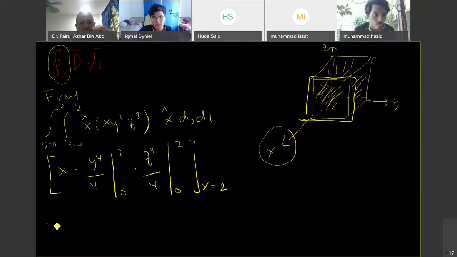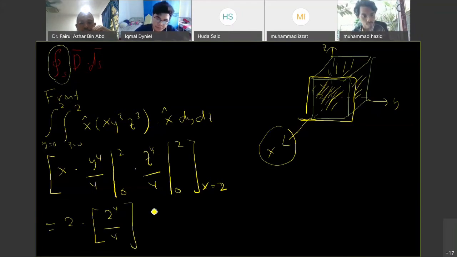If you put in all the values, this is 2 times 2 power of 4 divided by 4 times 2 power of 4 divided by 4.